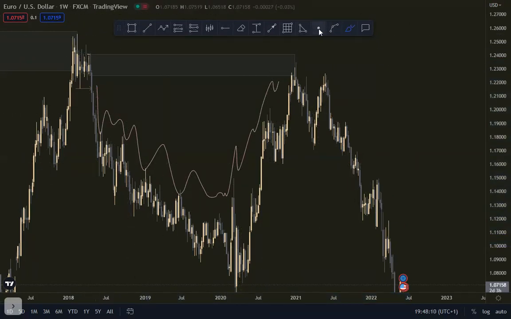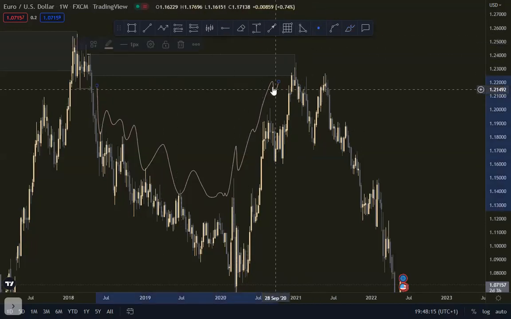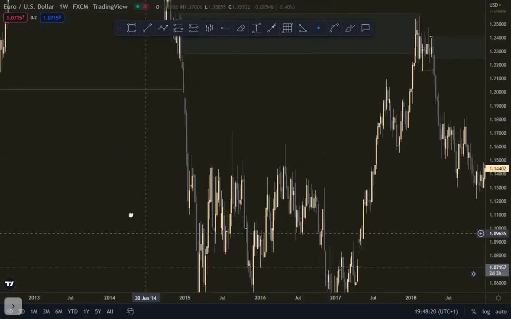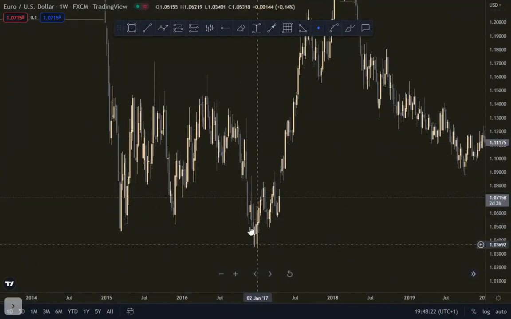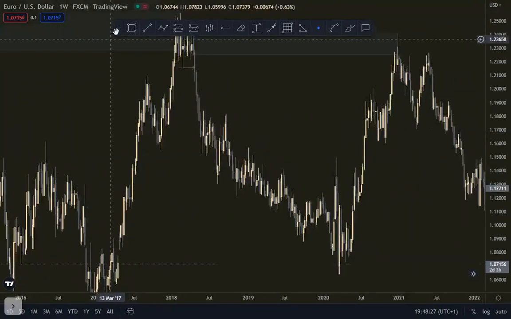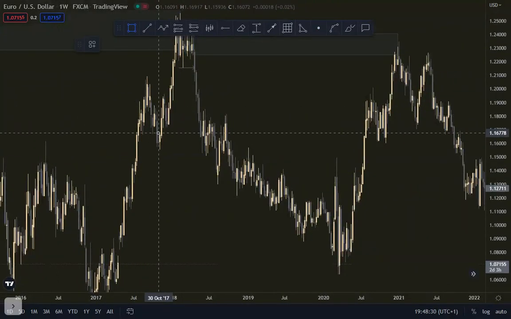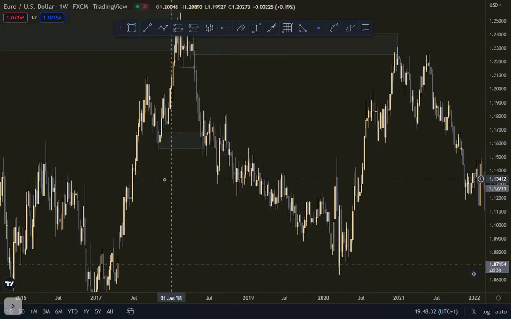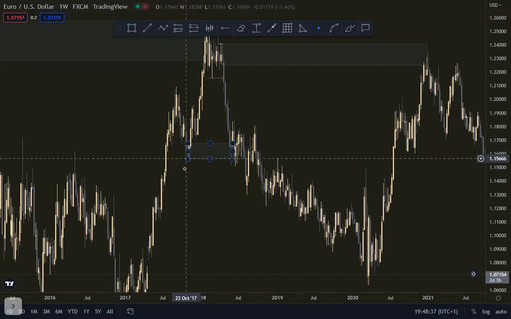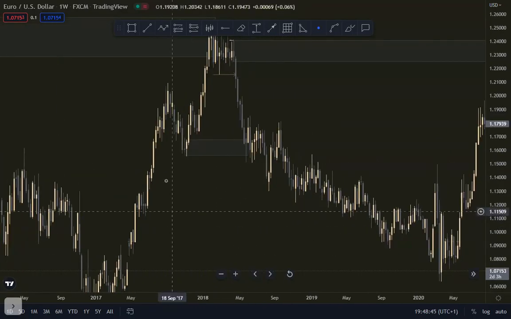So what else are we looking at? Let's just map out these order blocks. All right, let's take a look at this here. Okay, we had this doji and an engulfing candle.